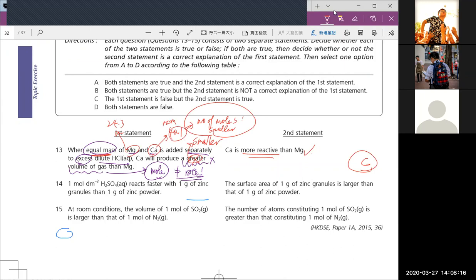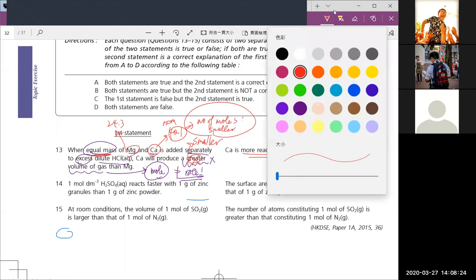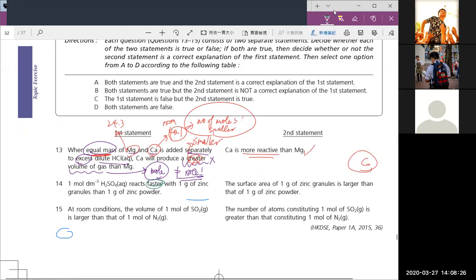Question 14. 1 mole of dilute sulfuric acid reacts faster. So remember the term faster. Can you see the word faster? So something you need to relate: same granules, same powder, faster, surface area. Granules are larger than powder. So do you see the tricks? D, what is the trick?